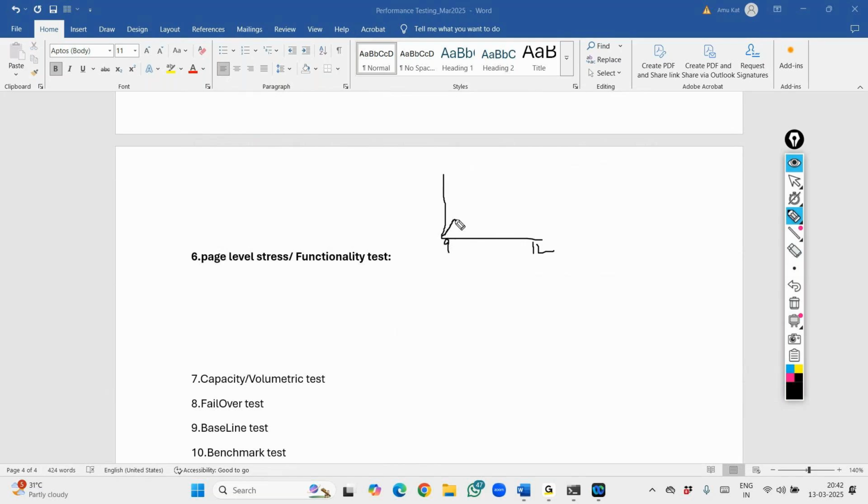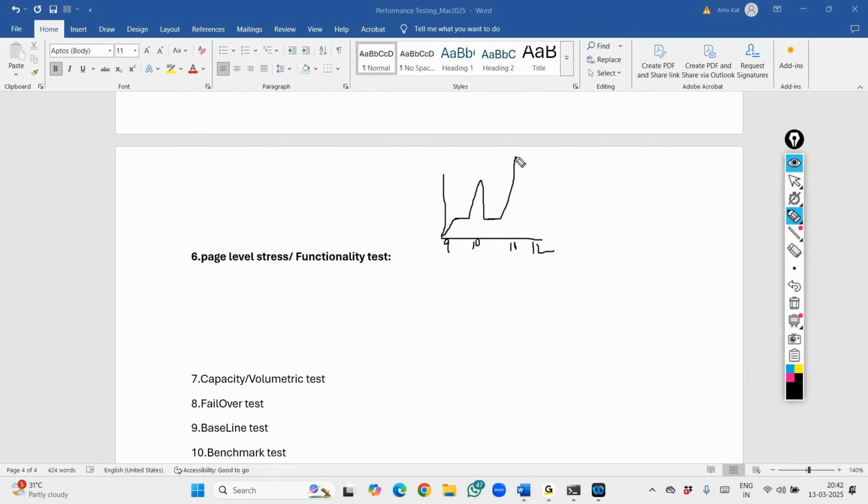Then at 10 and 11, Tatkal time will come, so there will be a sudden spike. So this figure can also be used for a sort of spike testing. Then it will come back to normal because the AC Tatkal time will get depleted, right? Then our sleeper class reservation will start. Again we will see more load.